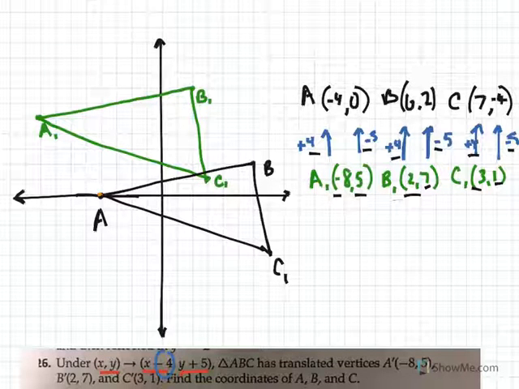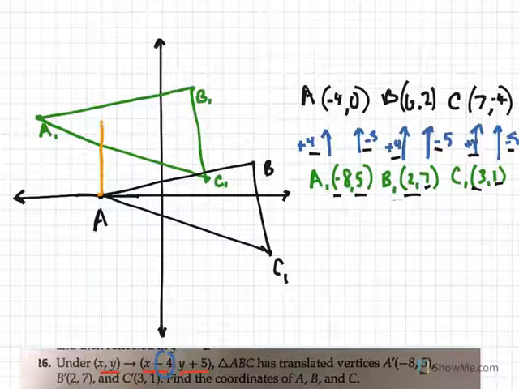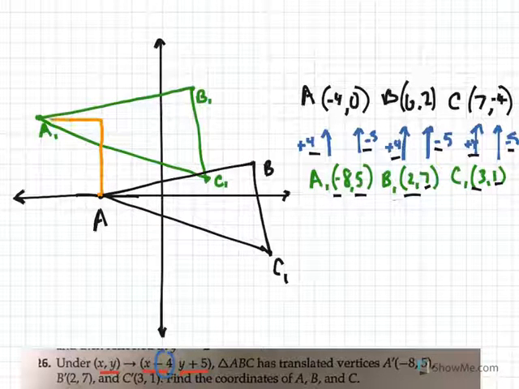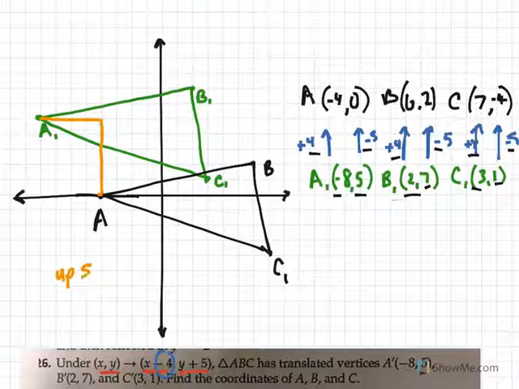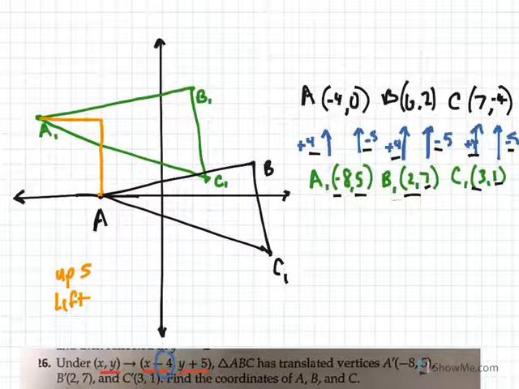So to get from A to A prime, we went up 1, 2, 3, 4, 5 units, and then we went left 1, 2, 3, 4. So we went up 5 units and left 4.